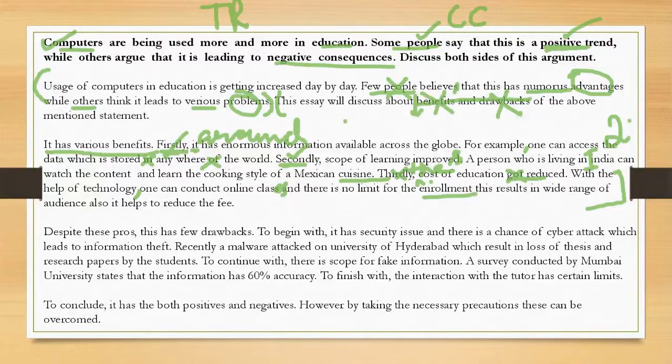So instead of writing the way he's written, we can improve it by writing, thirdly, listen to me very carefully. Thirdly, with the advancement in technology, one can conduct online classes as there is no limit for the enrollment. Full stop. This results in a wide range of audience.